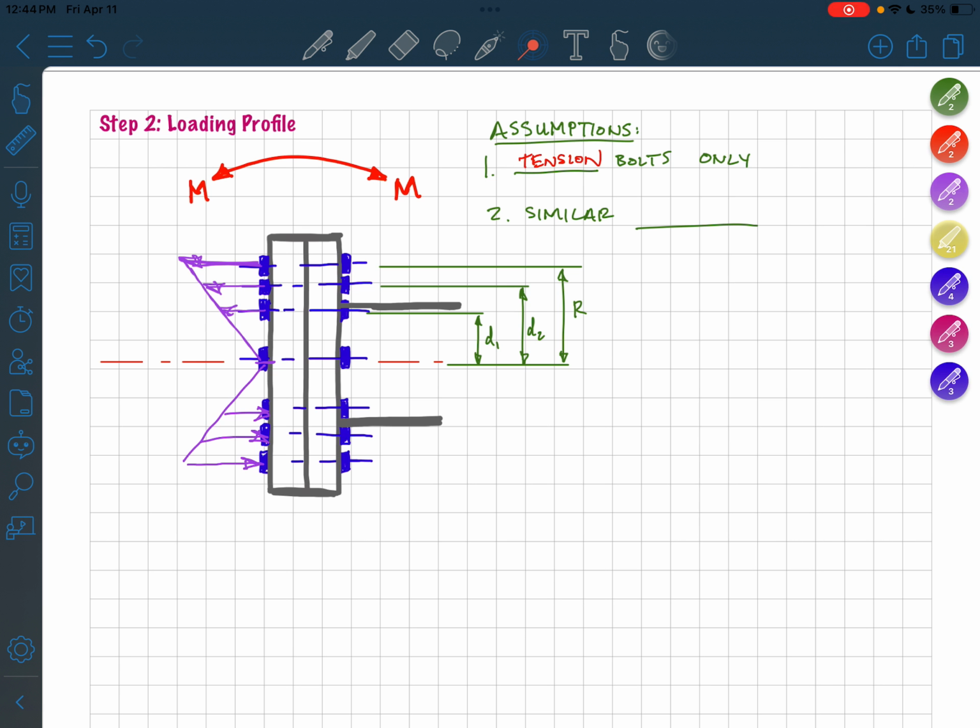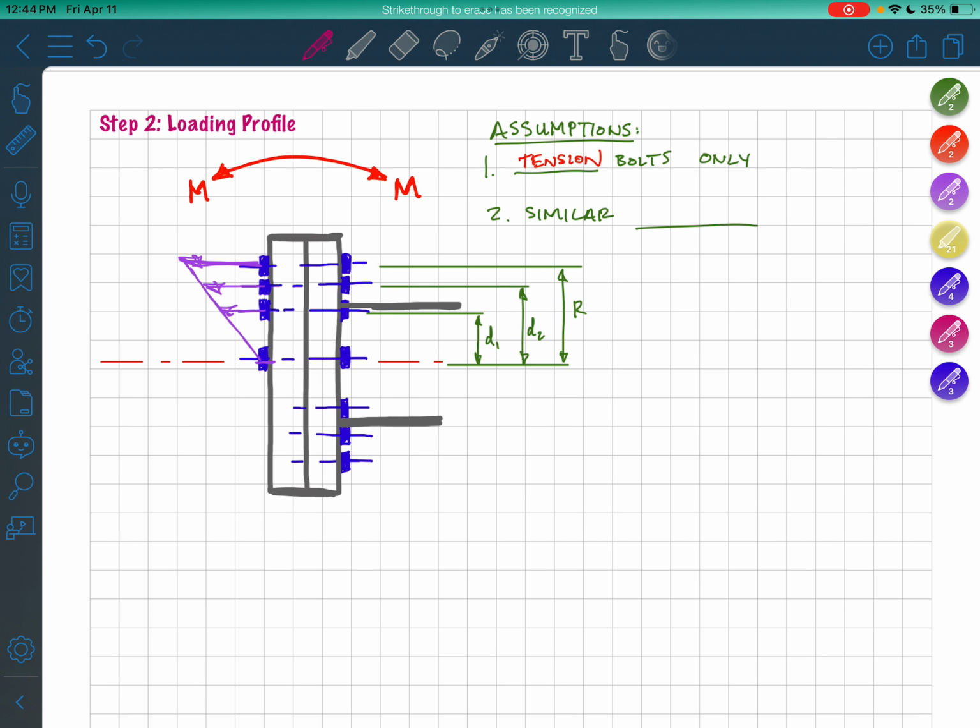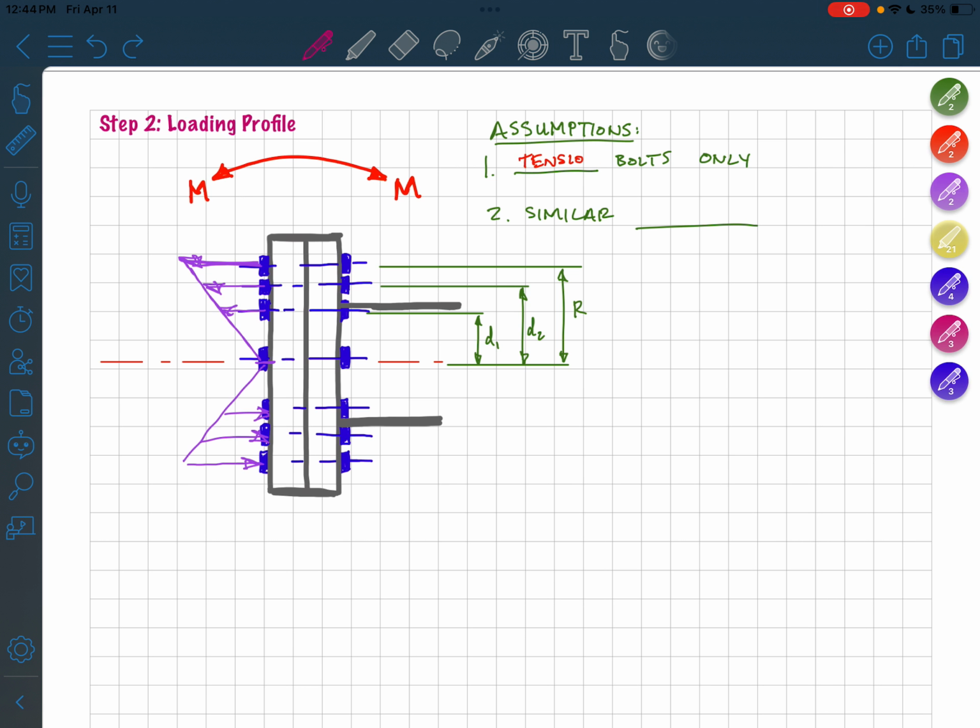That's what we're checking. So we're going to make an assumption here that we are going to ignore the bolts below the neutral axis. Let's try that again. We're going to ignore all these bolts and say tension bolts only are the only items resisting the bending moment.